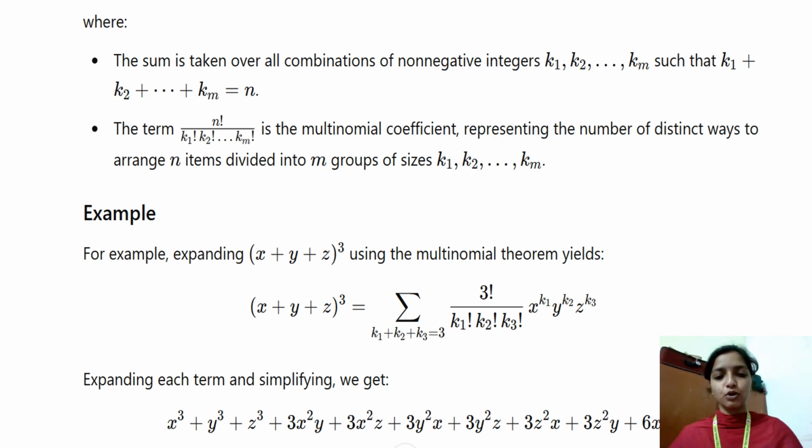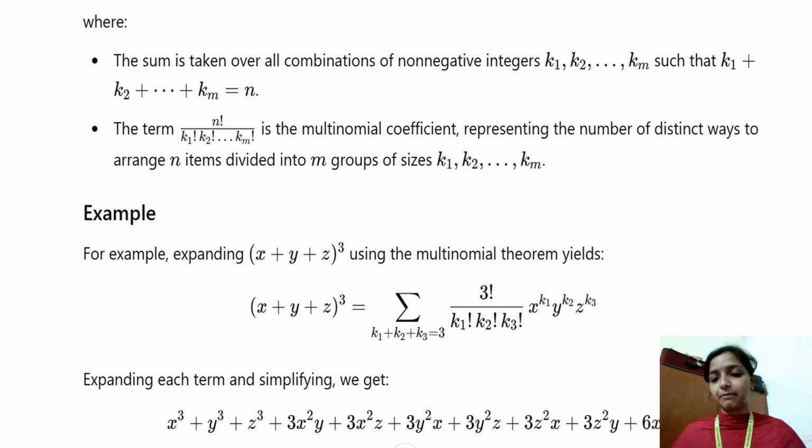(x + y + z) whole cube equals the summation over k1 + k2 + k3 = 3. Here in the place of n we have 3. By the formula, n factorial by k1, k2, k3 factorials, so in the place of n we put 3 factorial: 3 factorial by k1 factorial, k2 factorial, k3 factorial, x power k1, y power k2, z power k3.